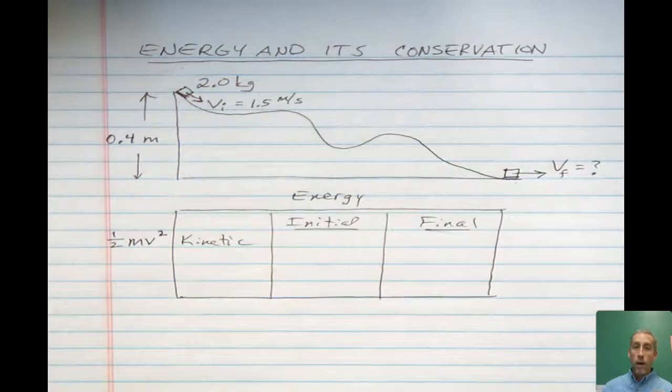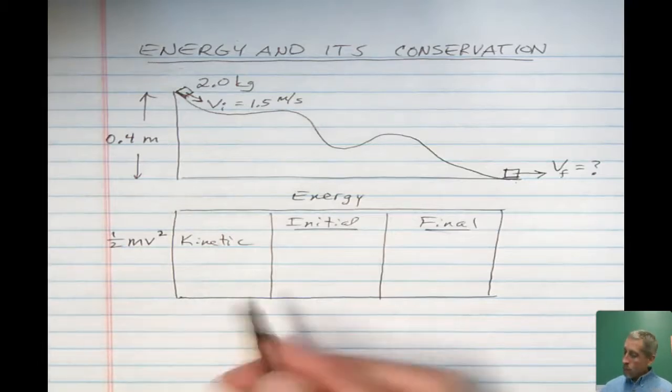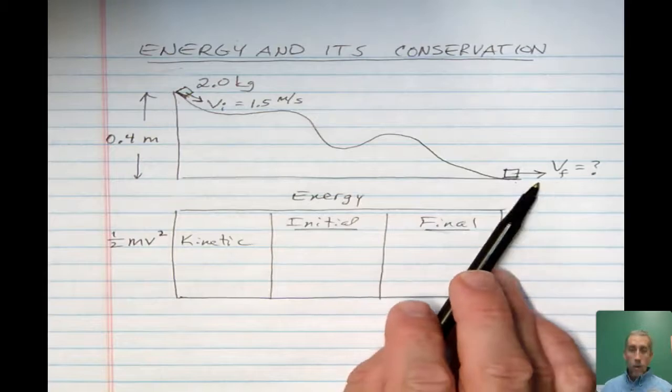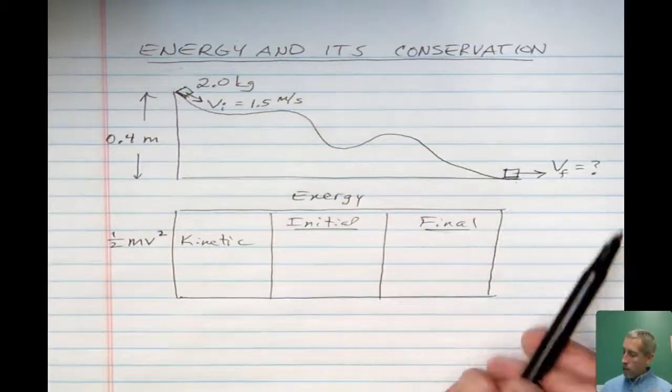It does not have a direction. So with momentum and acceleration and forces, you always had to worry about what direction things were pointing. Well, energy is just something that an object possesses, or a system of objects may possess, but it does not have to include any kind of direction. So we can calculate the kinetic energy at the beginning, and at the end, we won't know what it is, but we'll see that we get there.